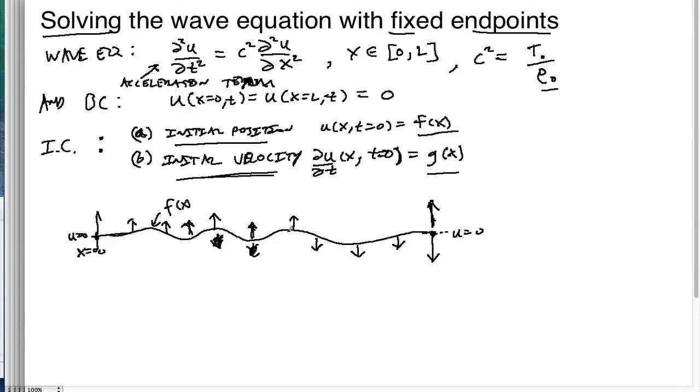That part of the string wants to keep going up, and here every point in the string wants to go down. So not only do we stretch the string at the beginning, we're also actively pushing it at the beginning of time, when we start modeling our system at time equals 0. With all of these ingredients, we can find a solution.